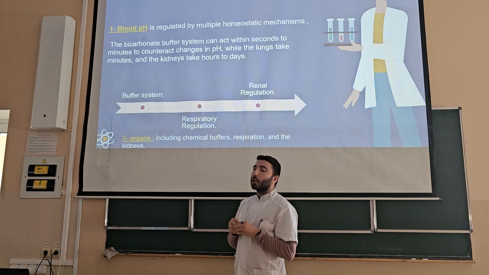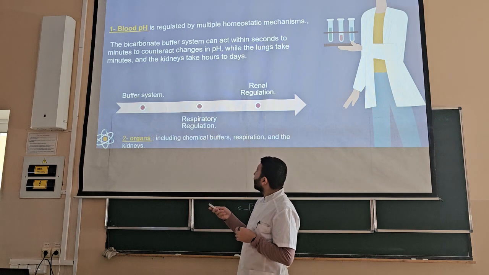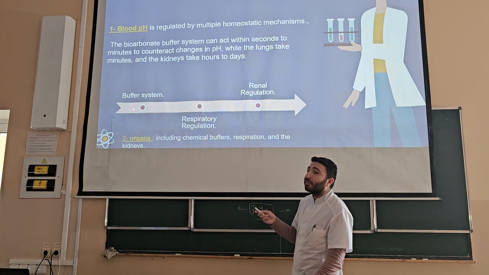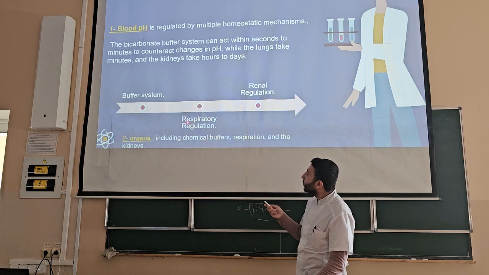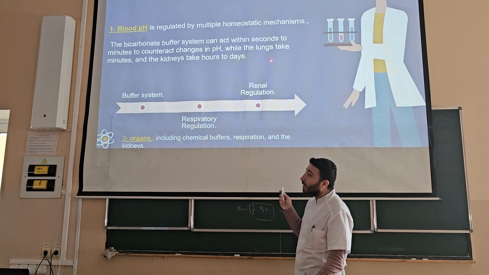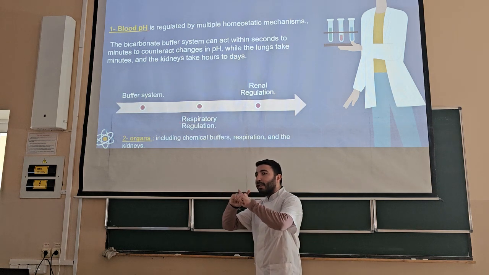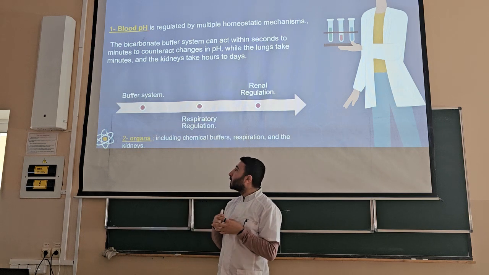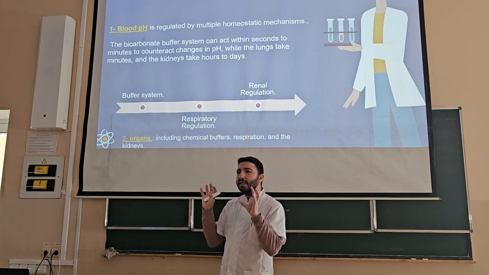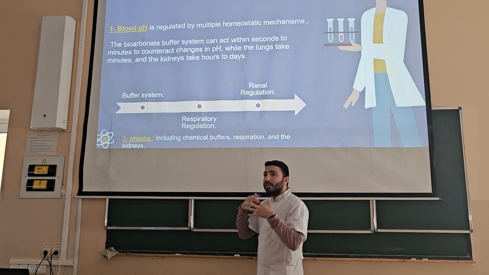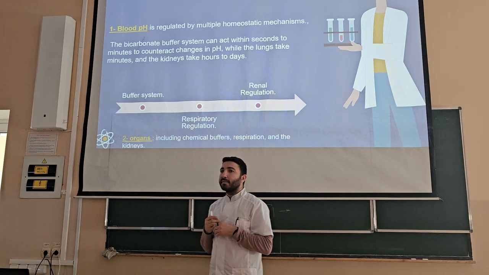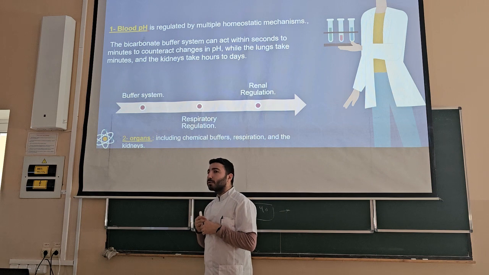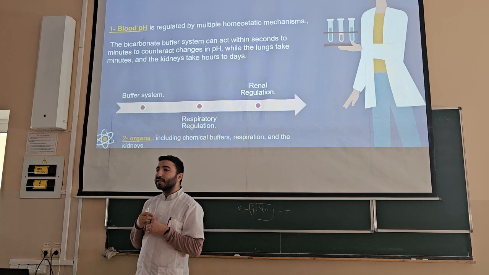If you remember the equation of the buffer, I will write it right now. We will study the buffer system, respiratory regulation and renal regulation, and the interaction between those systems and their role in maintaining balance against the disorders that appear from dysregulation.